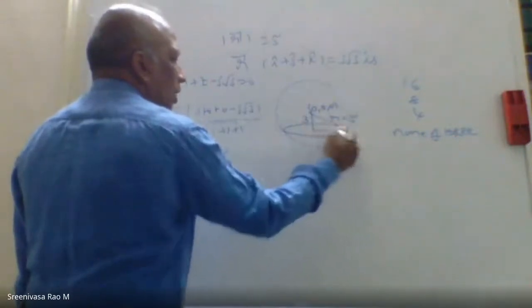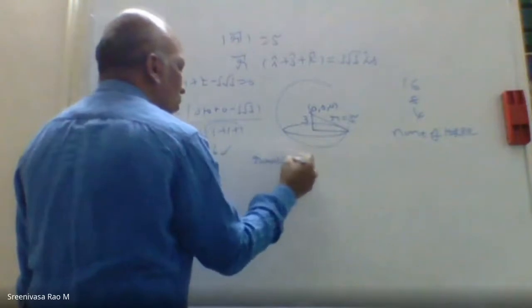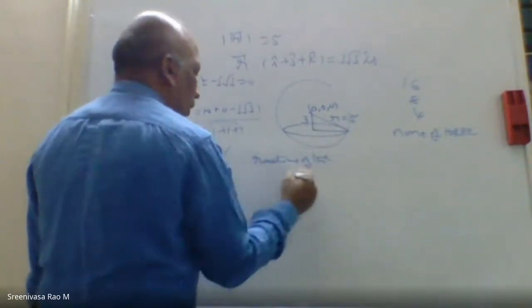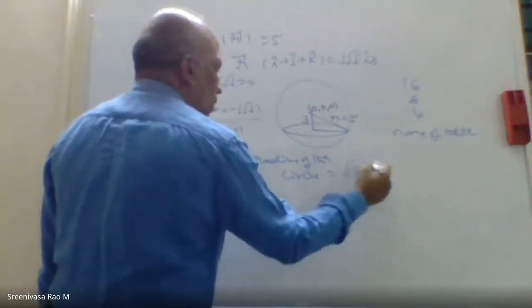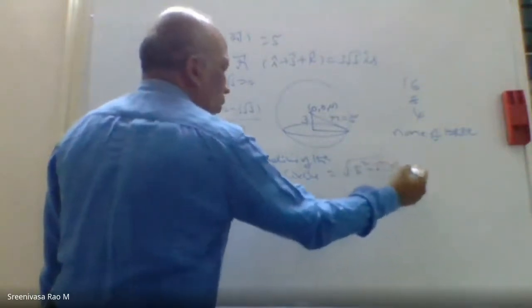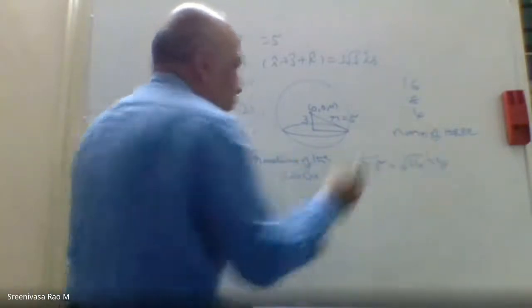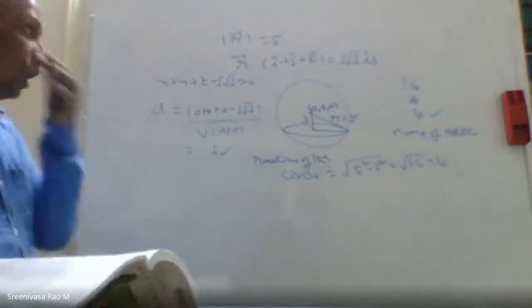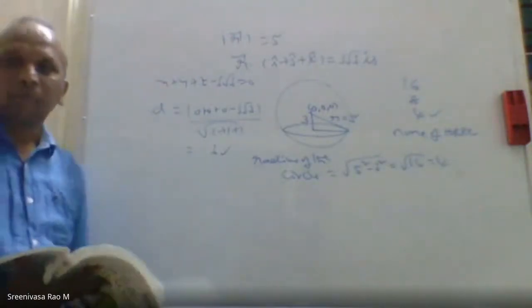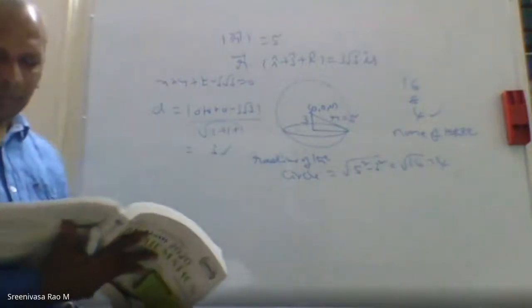So the radius of the circle is root of 5 squared minus 3 squared, which is 25 minus 9, 16, so it will be 4. The answer should be 4. Is it clear? This type of question is asked frequently. So you get radius equal to 4.